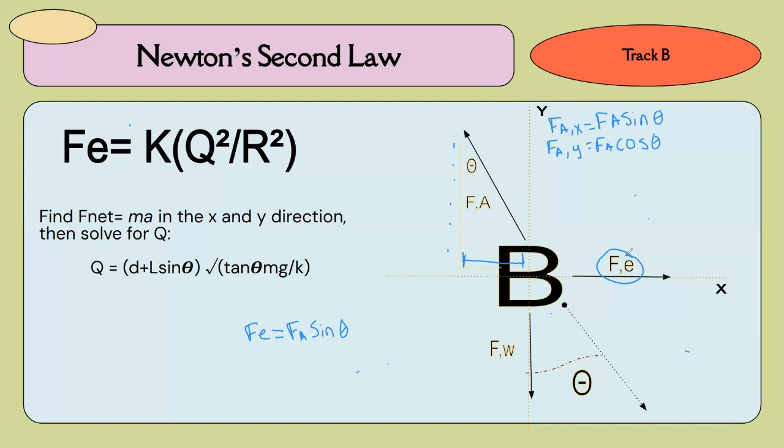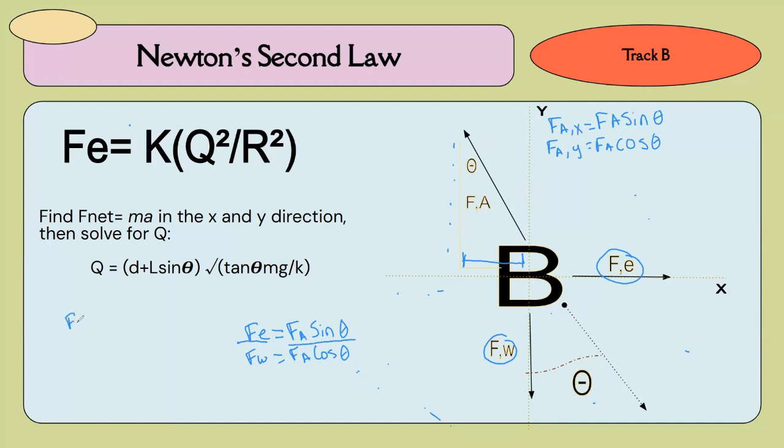In the x direction. And in the y direction, we have the force weight right here, which is equal to Fa cosine theta. Since both of these equations are true, we can divide them by each other.